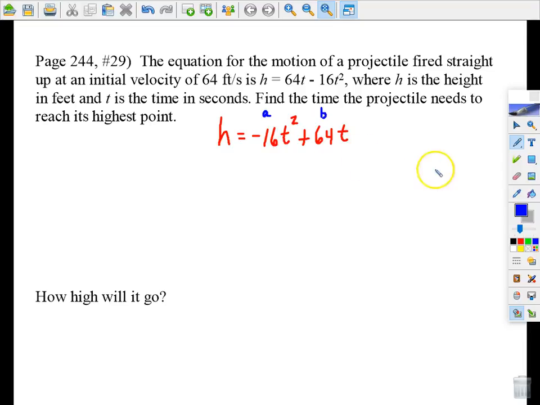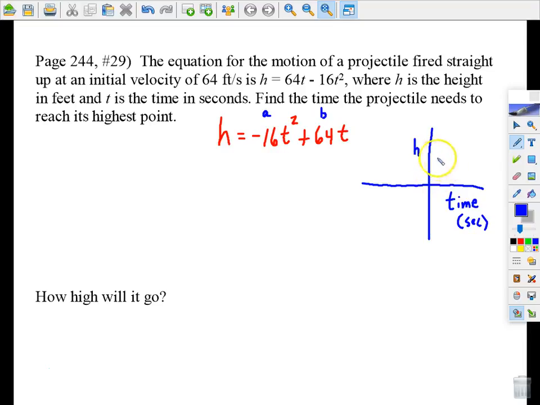Okay, so this is just a parabola that obviously opens down. This isn't really necessary, but maybe for this first example, you could get an understanding of what's happening here. Since we're doing height over time, that means as time passes, in seconds, we can tell how high the projectile is.